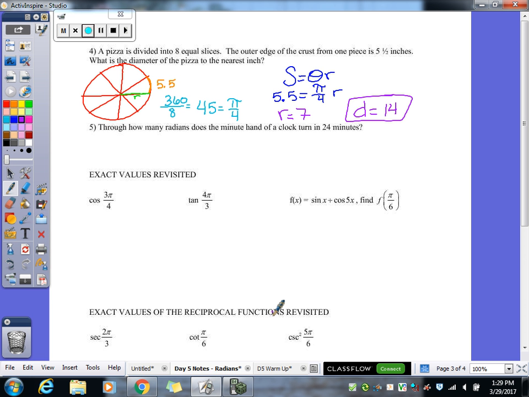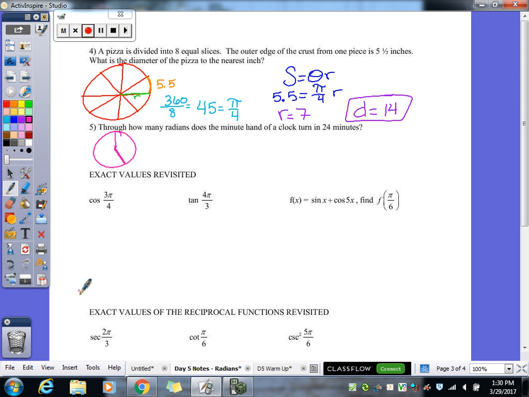So number 5, through how many radians does the minute hand of a clock turn in 24 minutes? So here's our clock. Let's say it starts here, 24 minutes approximately would be like over there-ish. I'm estimating.